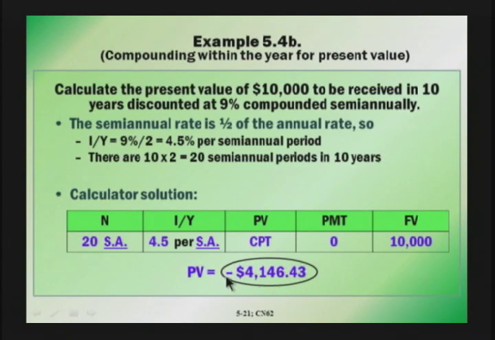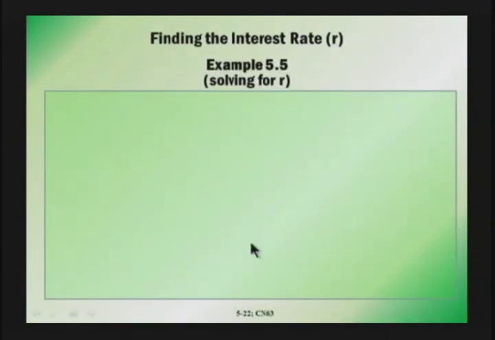That corresponds to having to invest or pay out 41, 46, and 43 cents today. That smaller computed present value has the minus sign, which simply means that you would pay out the 41, 46, 43 today in order to be able to receive $10,000 in the future.